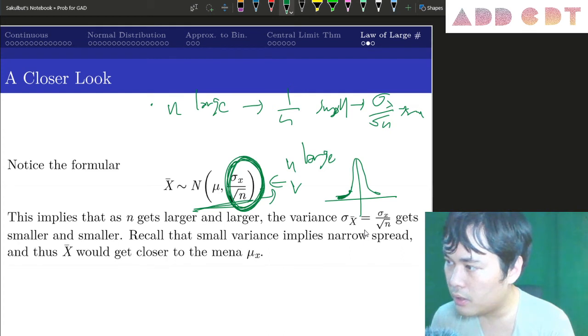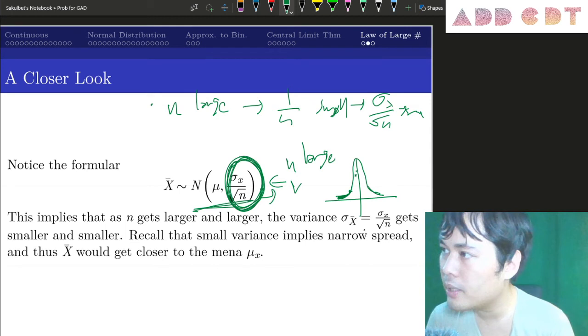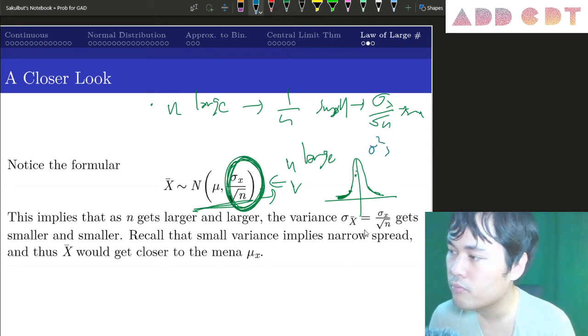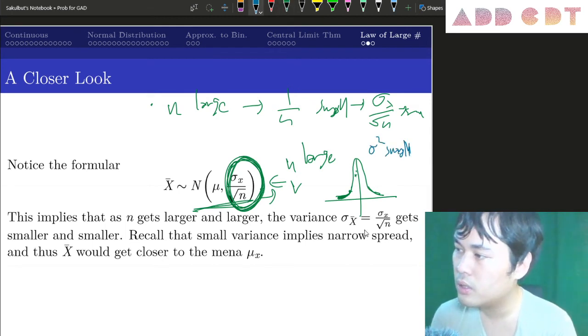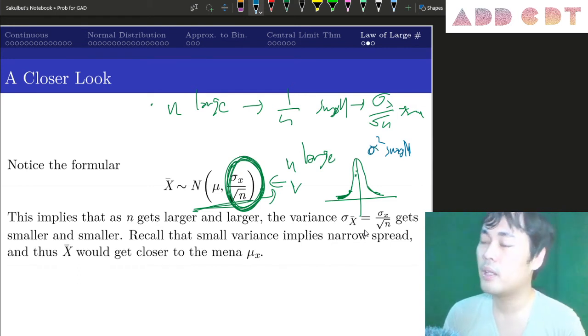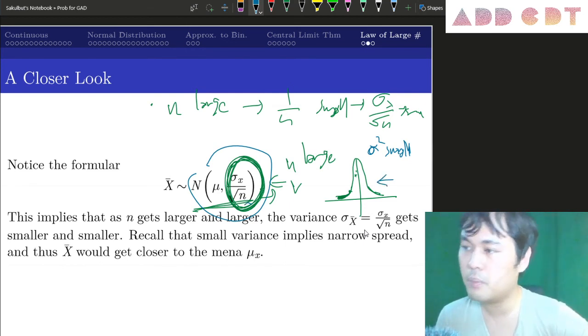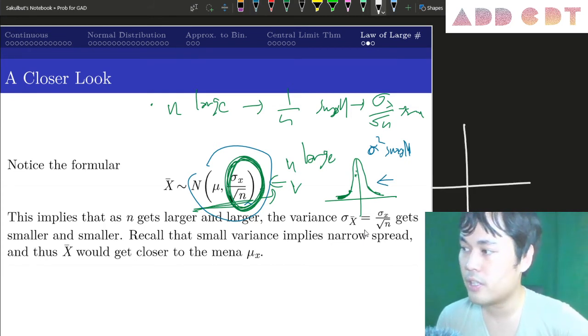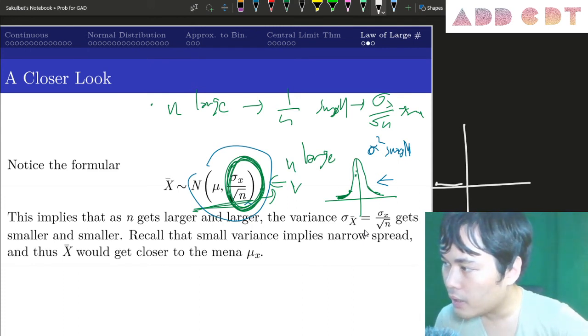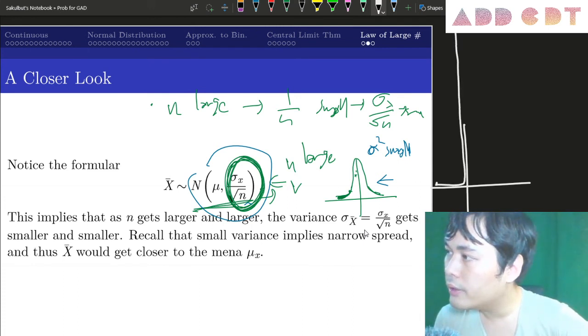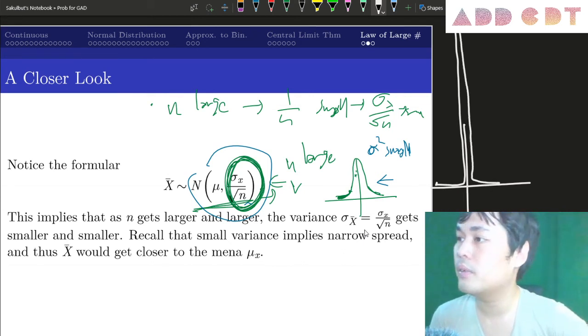This happens when the variance or the standard deviation is small. This formula guarantees that if n is very, very large, then that is small, which means we are guaranteed to get a narrow curve. If n gets even larger and larger, then we get something like that, which looks kind of crazy.